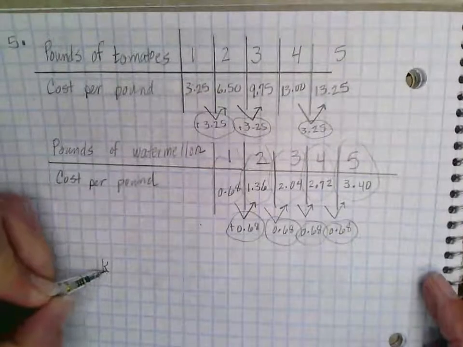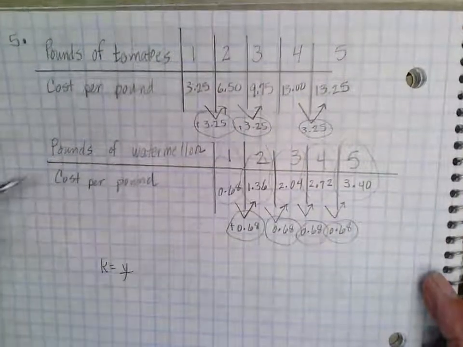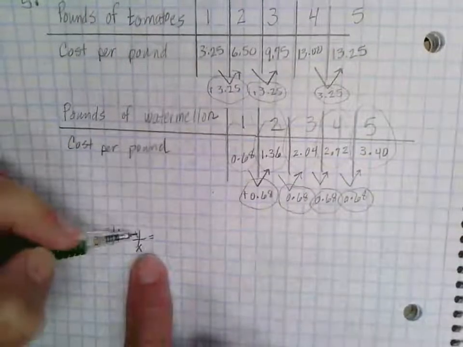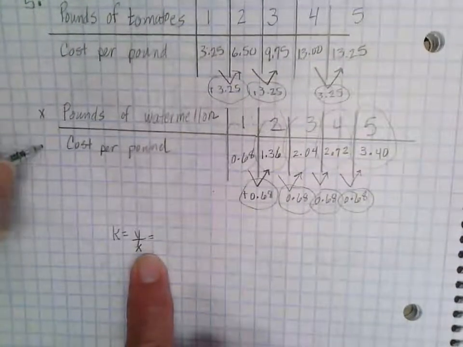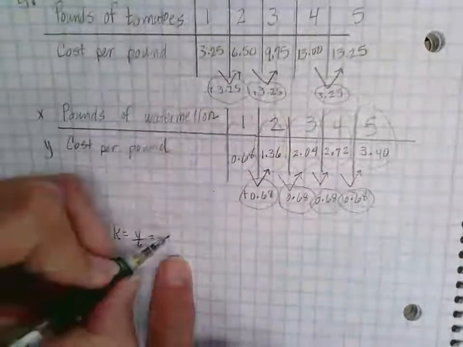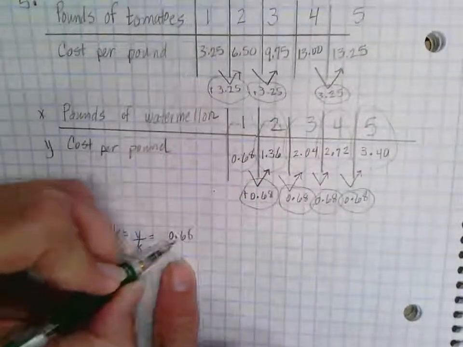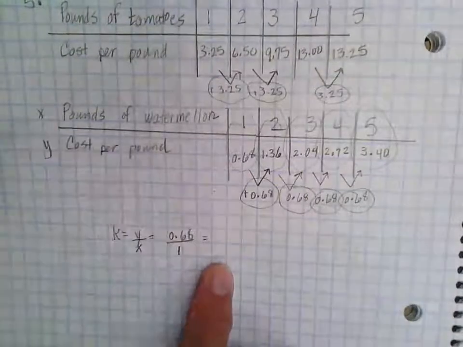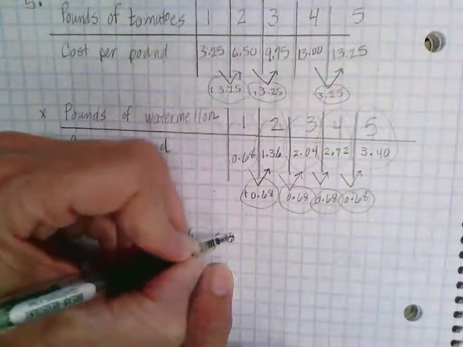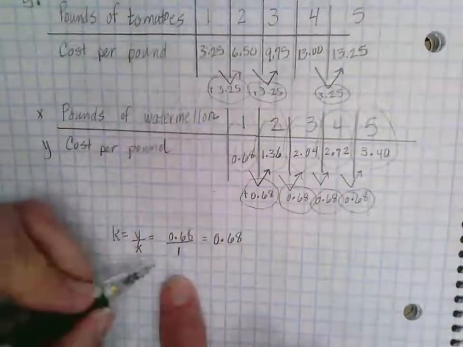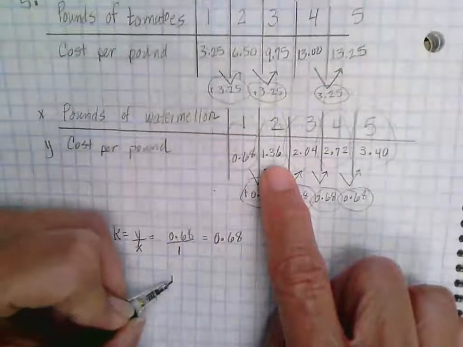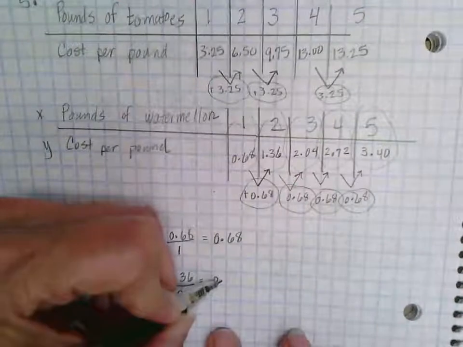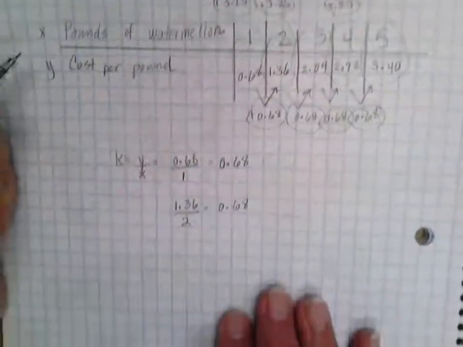If I divided it out using my constant of proportionality equation, substituting my y values for the first term and my x values for the second term, I would come out with 68 hundredths each time. If I have 1.36 divided by 2, I get 68 hundredths again.